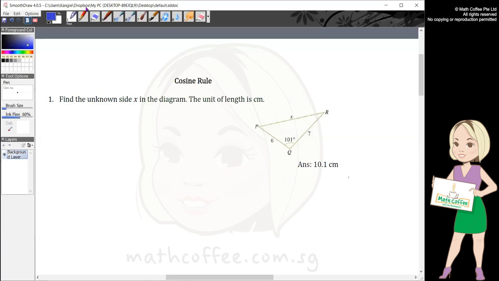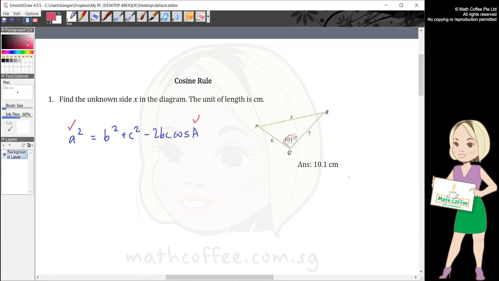Cosine rule. First let's check. They asked me to find the x. You know that the formula is a squared equals b squared plus c squared minus 2bc cosine A. The only thing you need to know is this side and this angle are like the married couple, right?